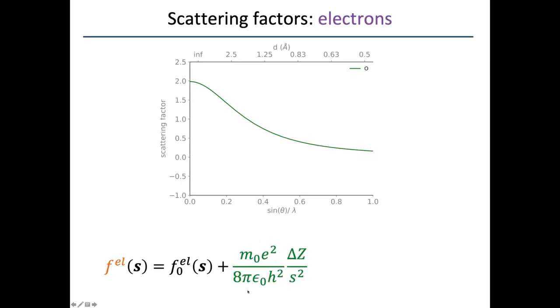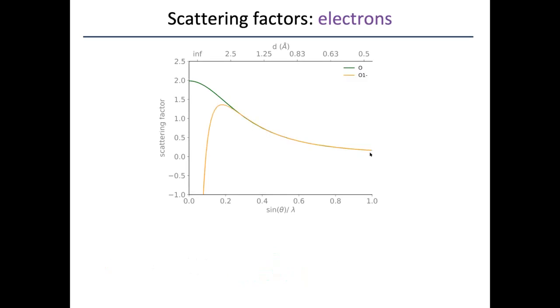So we have a constant. This is a positive value, -1 for the charge. And here we have s squared. So what happens is if we have very low scattering angles, this value here will tend towards -infinity. And that's what's happening here. So the scattering factor for a negatively charged oxygen will follow this orange curve.